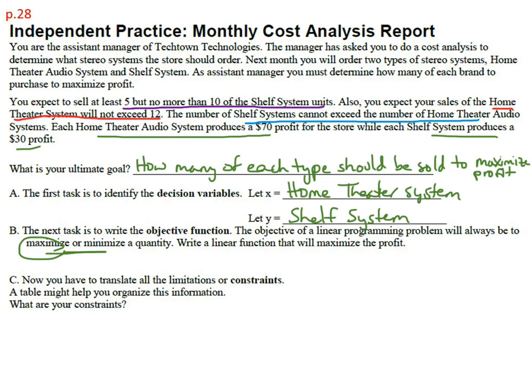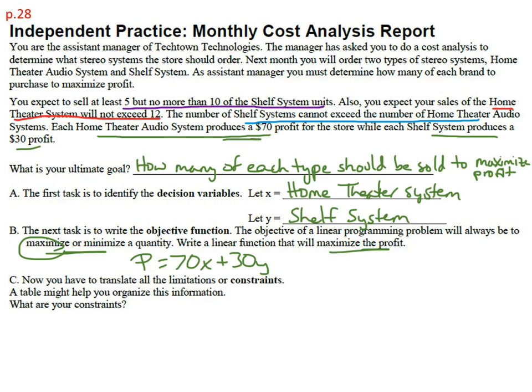We're looking for maximum profit. So, what is profit going to be? Well, we said it was $70 for the home theater system, which was X. And then we earn a profit of $30 for each of the shelf systems. So our objective function, the profit, will be equal to 70x plus 30y.